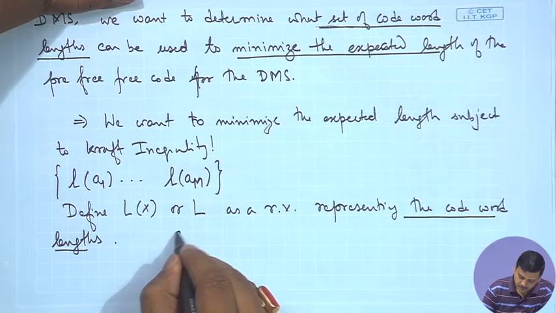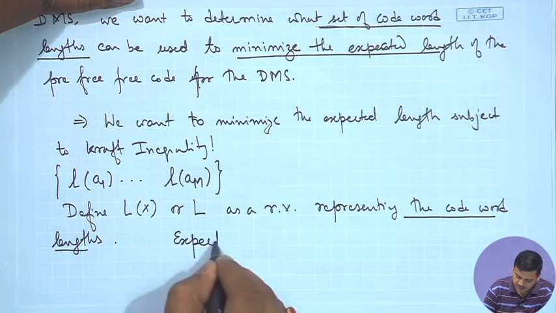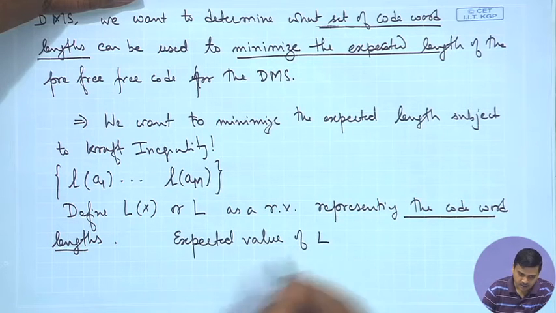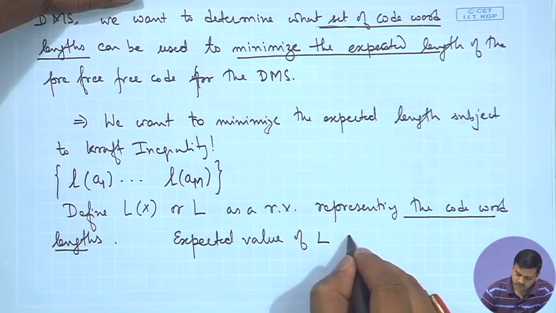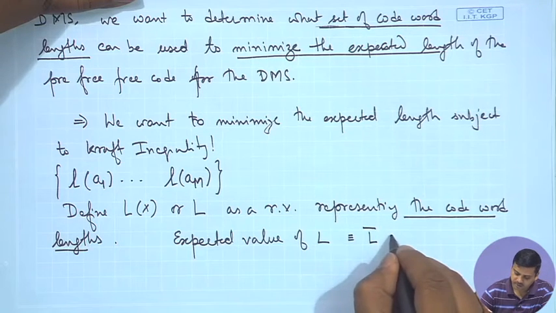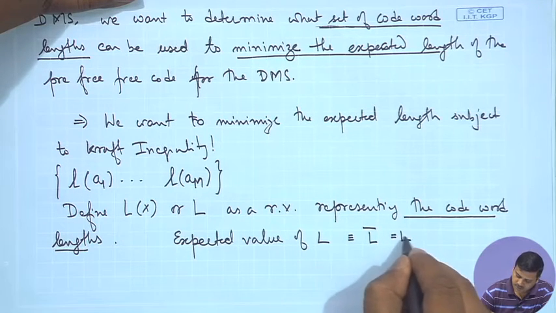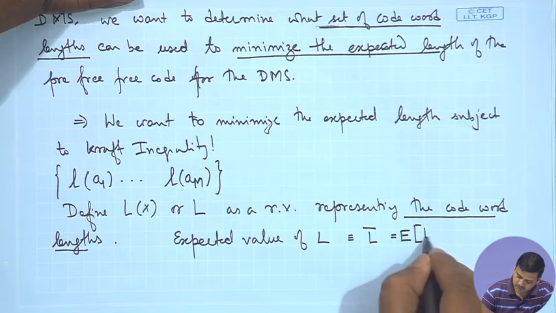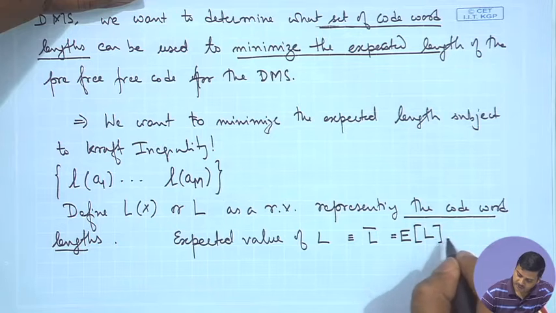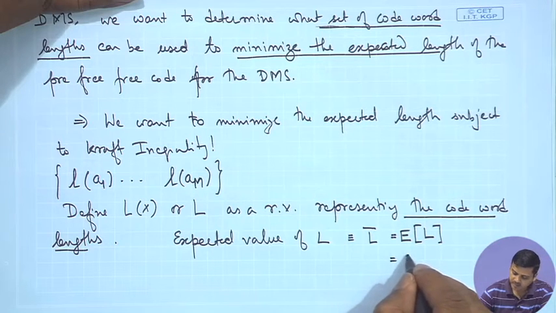Okay. So, now we write the expected value of L for a given code word. We could write this as L bar, which is equal to E of L. This is the notation we are going to use. E means expectation, and we have already done this calculation in the previous note.